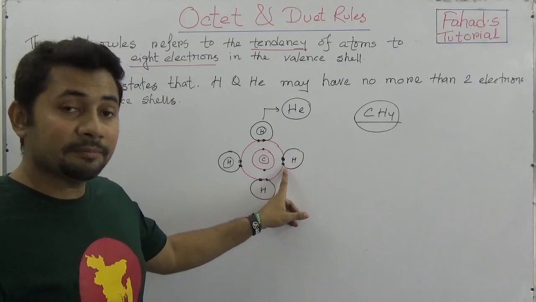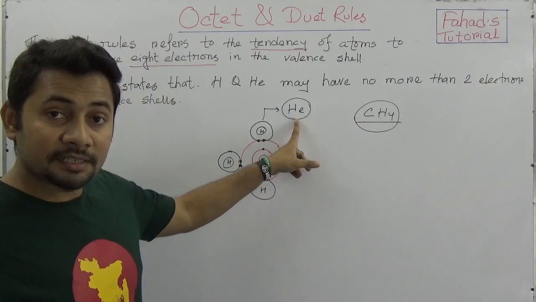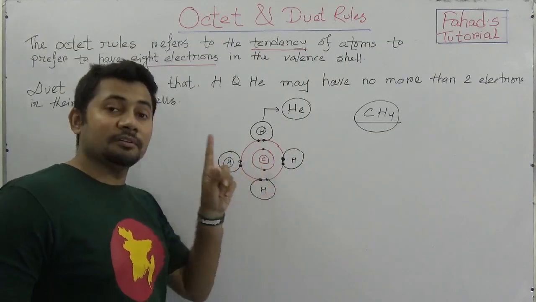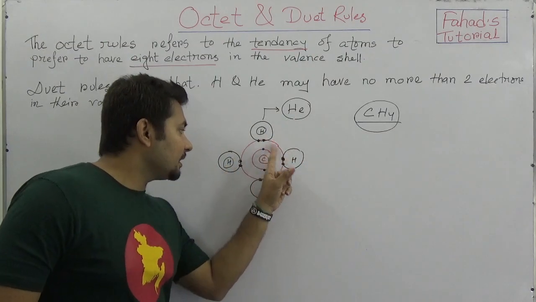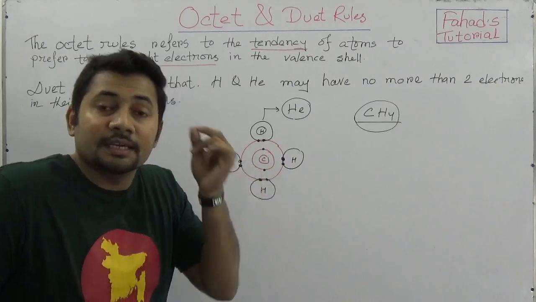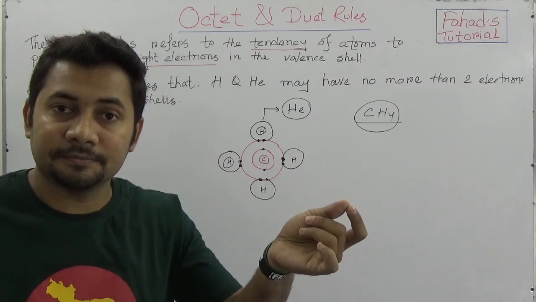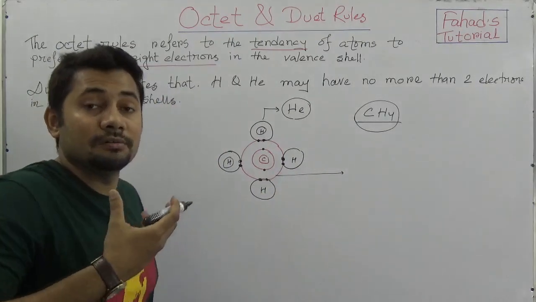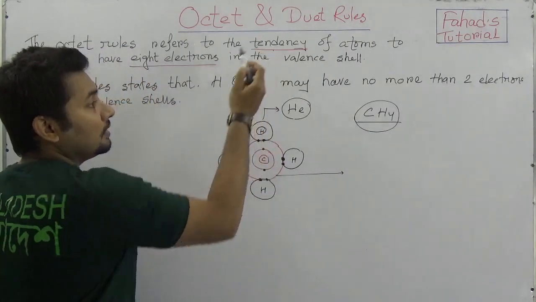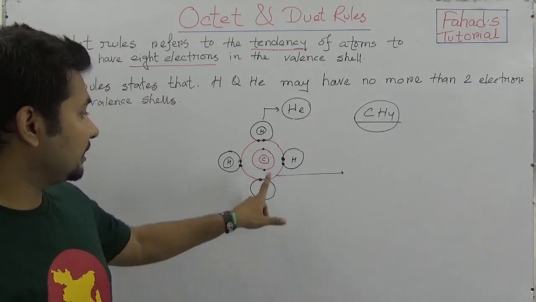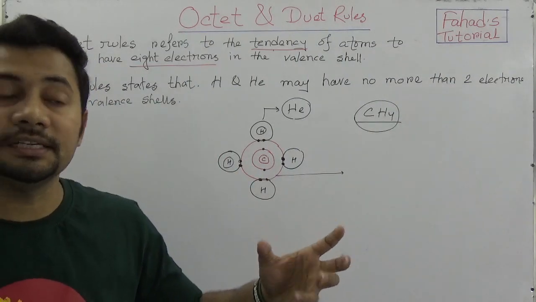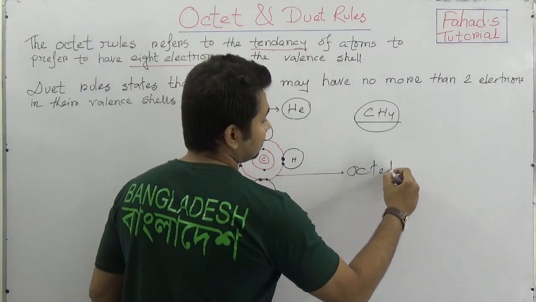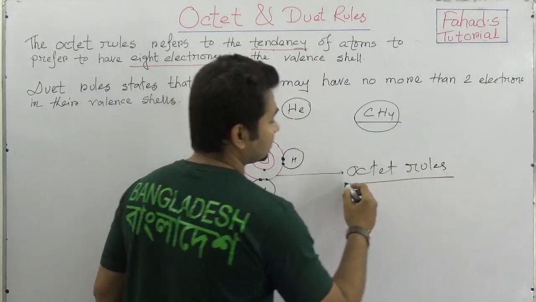So hydrogen will appear with 2 electrons like helium, and carbon will be like neon, because carbon has 8 electrons outside, and thus it gets stability. This tendency of atoms, of carbon atoms, to have 8 electrons outside is called the octet rule.